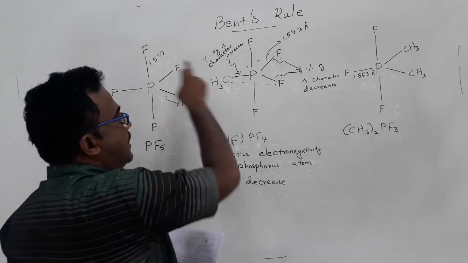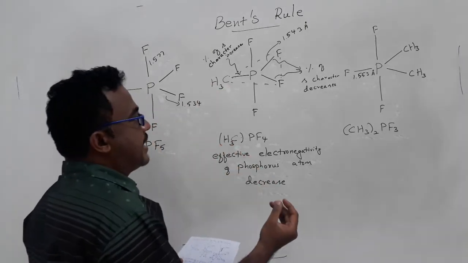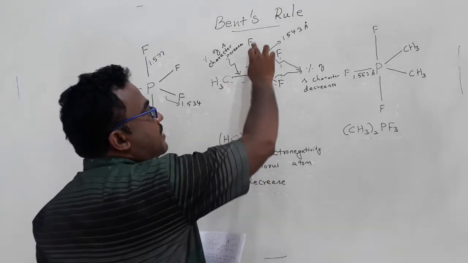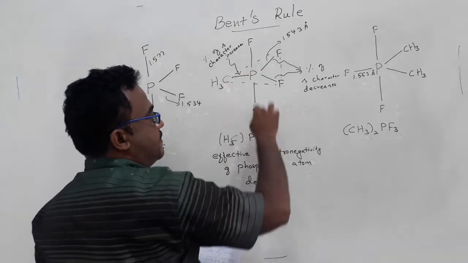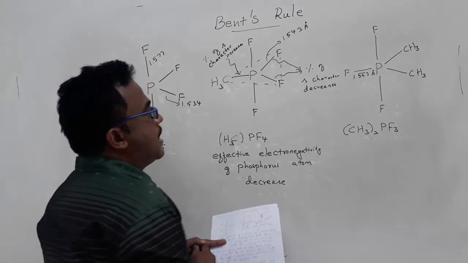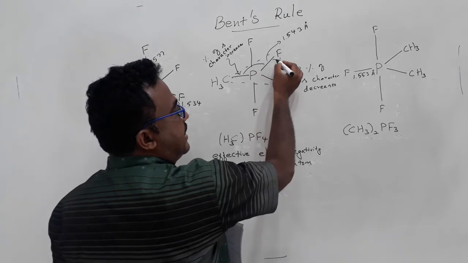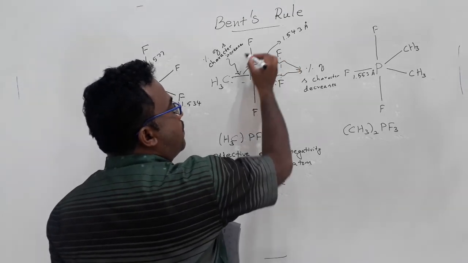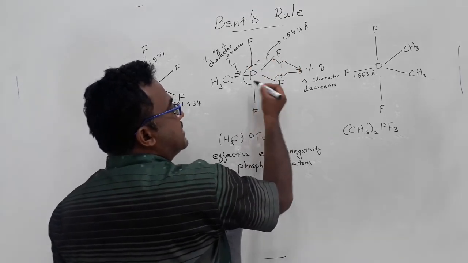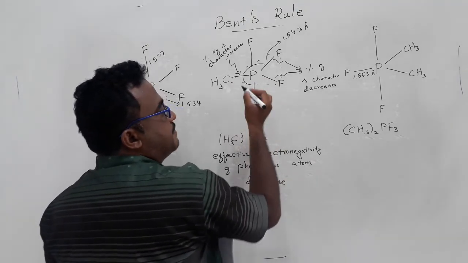Compared with fluorine, methyl is a little bit sterically bulky group. That makes steric repulsion for these two fluorine atoms more than for these two fluorines. Because the bond angle for methyl and this equatorial fluorine is around 120 degrees. But methyl group with this axial fluorine is approximately 90 degrees.